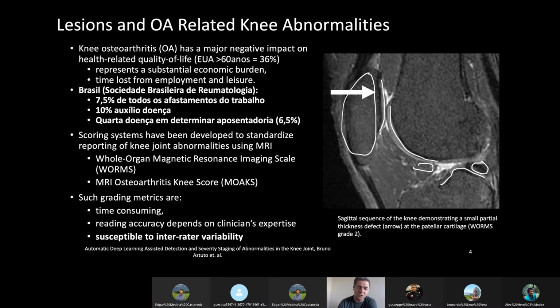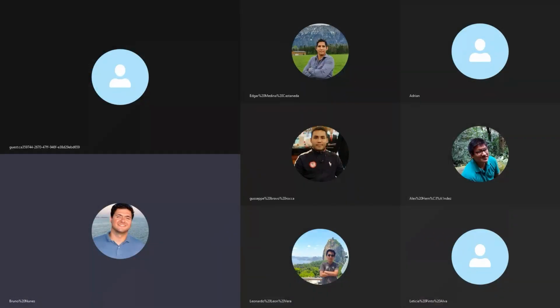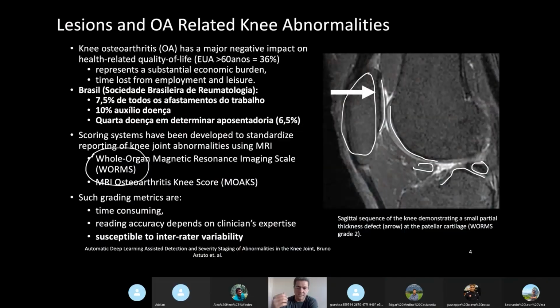Two of the most used are WORMS and MOAKS. They are not very used clinically, but they are used a lot in research settings. We are going to use in particular the WORMS grading. So basically, they grade lesions, ACL lesions, ligaments, meniscus and so on and so forth.